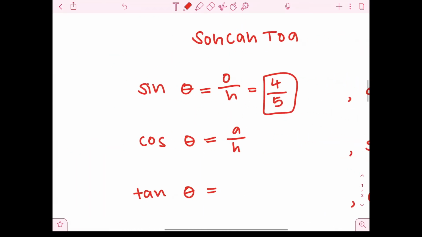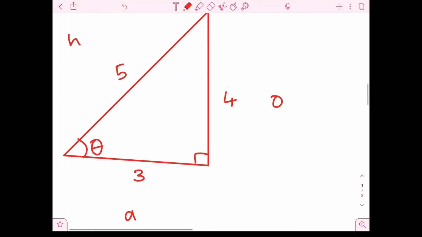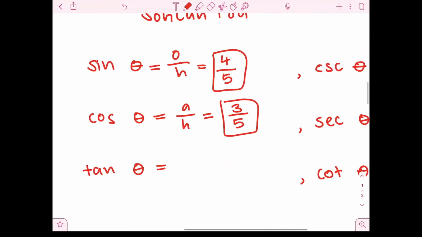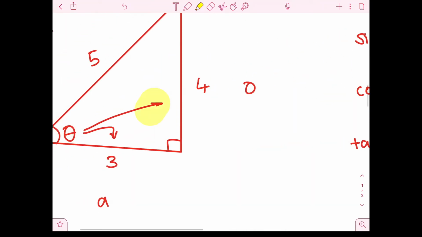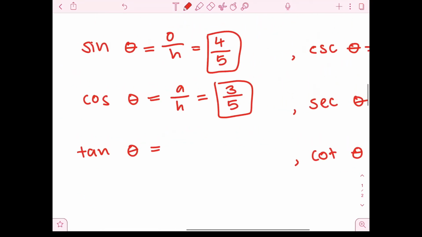So we're going to fill this out. 3 over 5. Pretty simple. Our tangent is going to be our opposite over our adjacent, so 4 over 3.